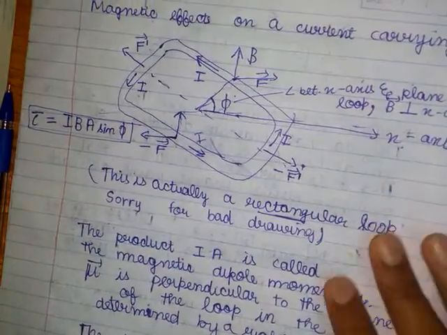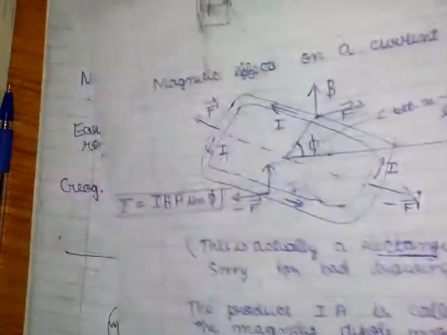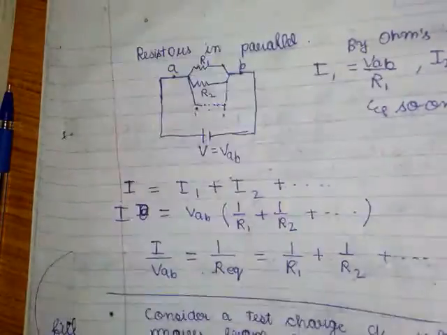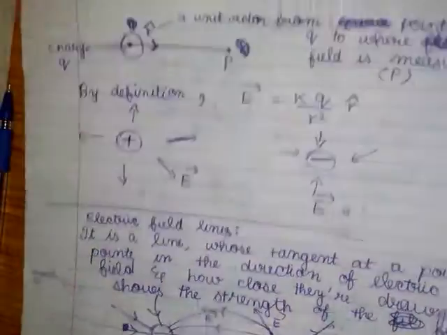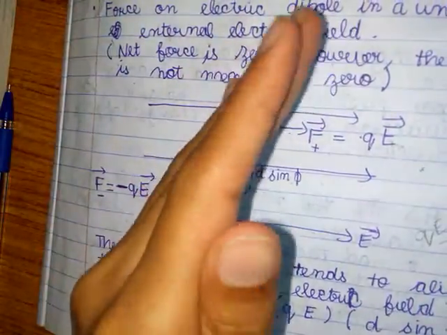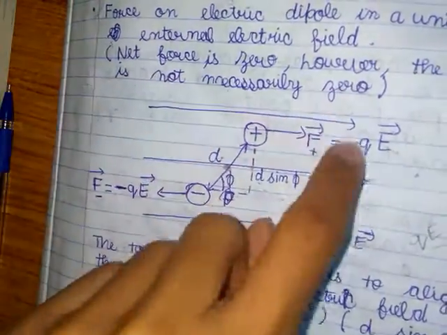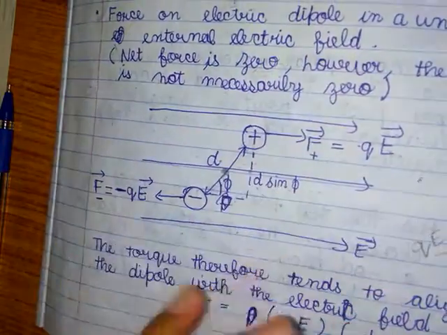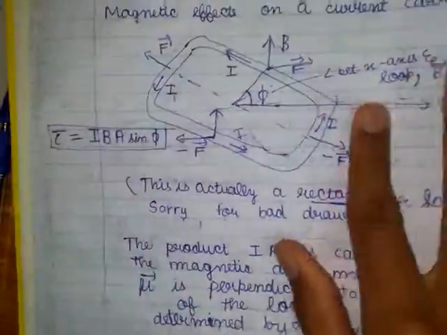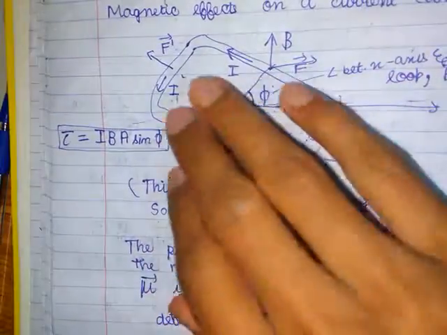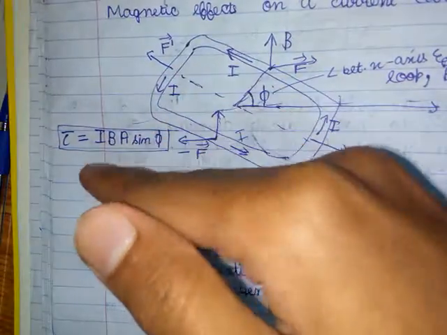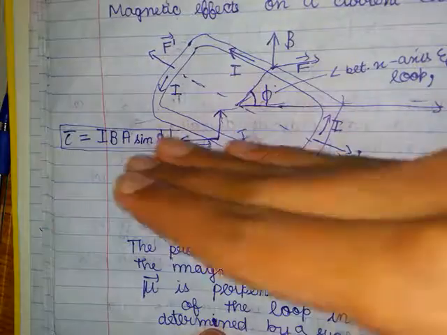Now, the important thing to note is that just like the electric field tries to align the dipole along the field, the torques due to the magnetic forces here also try to align it to the field.